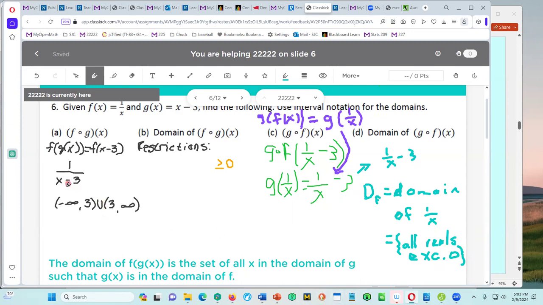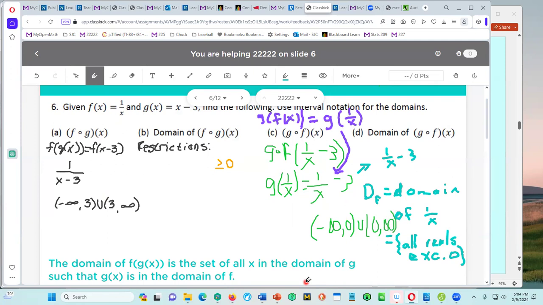Now, when it was all reals except 3, we wrote the domain like this. Now it's all reals except 0, so we can write the domain in a similar way. And we know that's going to be the domain of the composition also, because the -3 doesn't affect the domain.